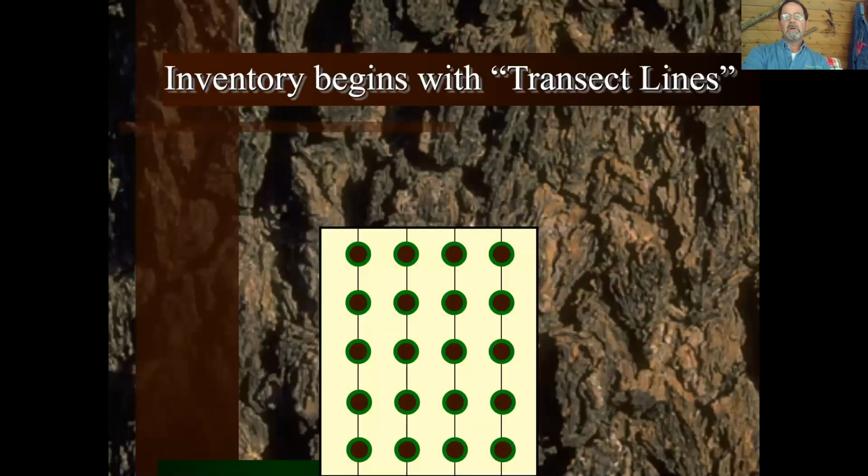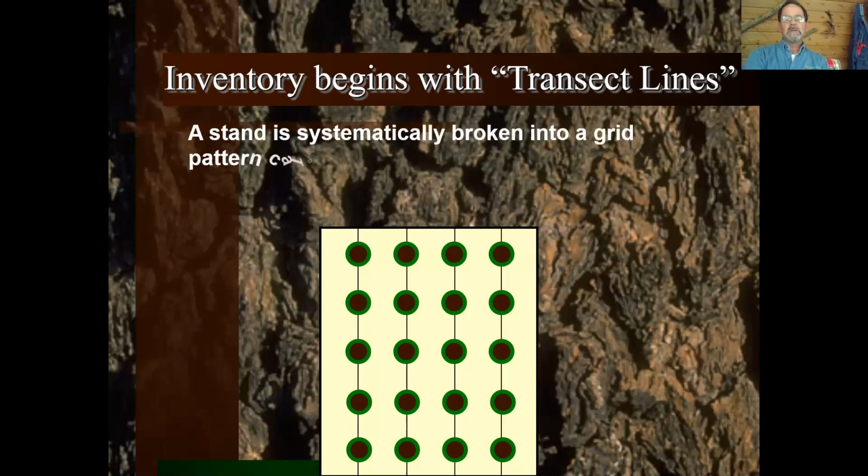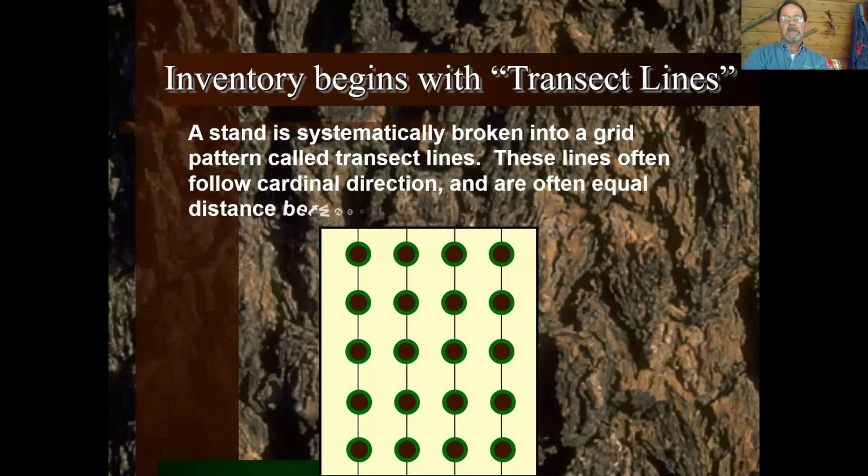So an inventory then is going to begin with transect lines, and transect lines are simply these grid patterns that a stand is broken into. Typically, these transect lines are going to follow cardinal directions, north, south, east, west. Not always. Sometimes they'll follow property boundaries to make sure that the entire woods is canvassed properly.